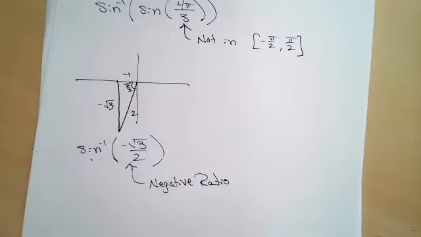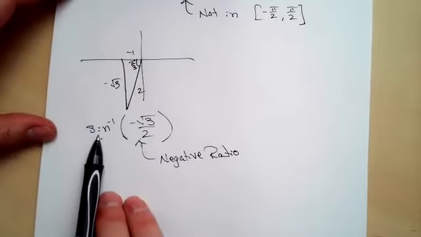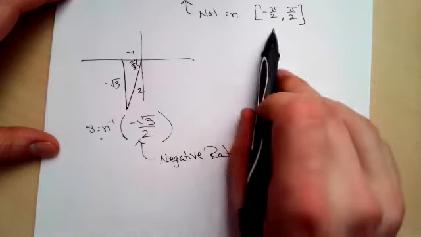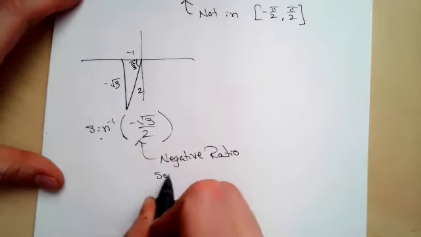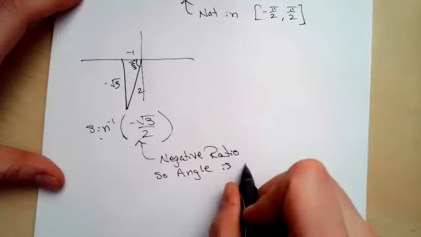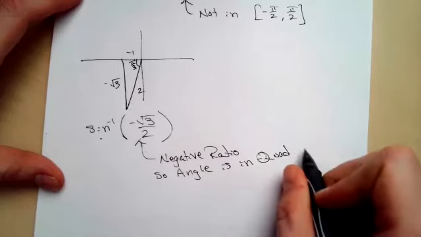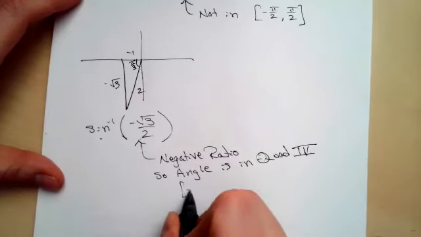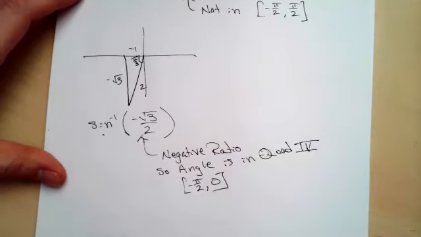It is necessarily the range of our inverse trig. Remember, arc sine will always spit out values between minus pi over 2 to pi over 2. So the angle is in quadrant 4. Minus pi over 2 to 0.